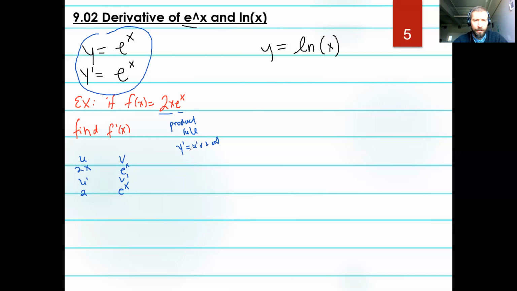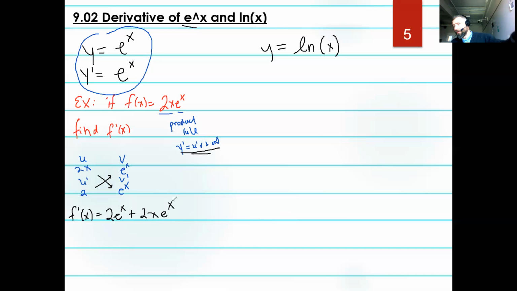Now that I have this, we can put this together in our product rule, which also works in this order. What I would now have for f prime of x is 2 times e to the x plus, because that's what our product rule tells us, 2x e to the x.